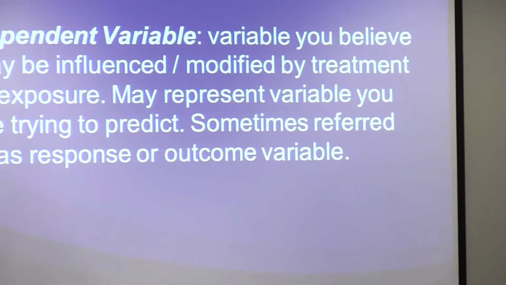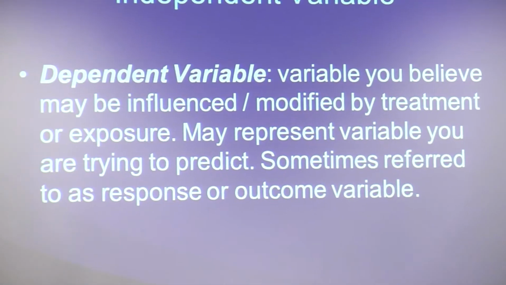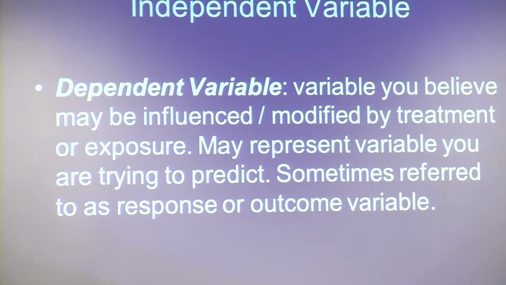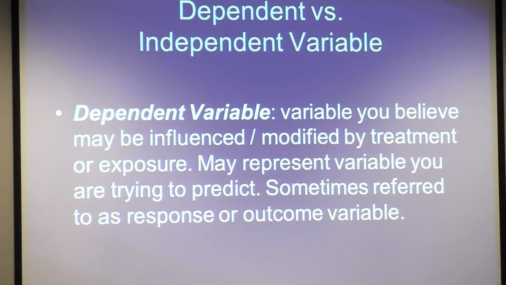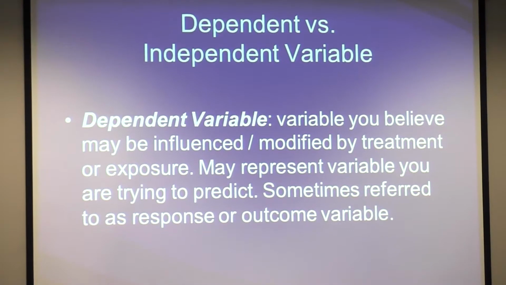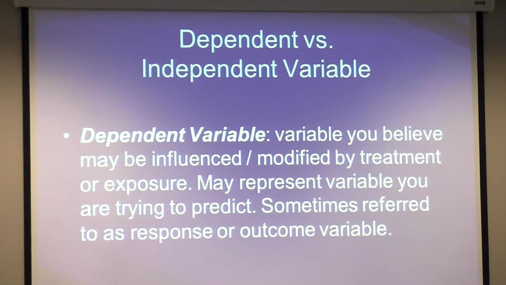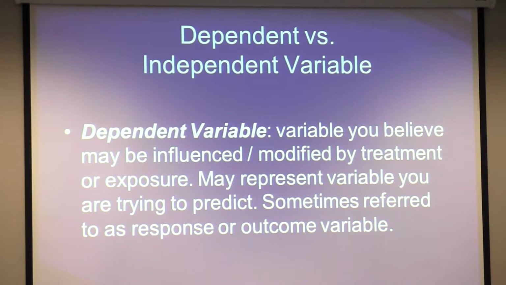So then we can figure out what type of data we have in terms of categorical versus continuous, but we also need to think about two kinds of variables in our study: our dependent variable and our independent variable. Our dependent variable is the outcome variable.